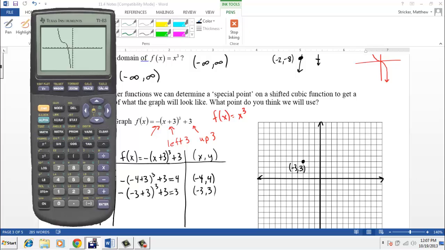it's exactly the shape that we expect it to be, but in order to actually get the points that we're looking for, remember we go to table, and I need to arrow up here to get to our negative points. So we have negative 5, 11 as a point.